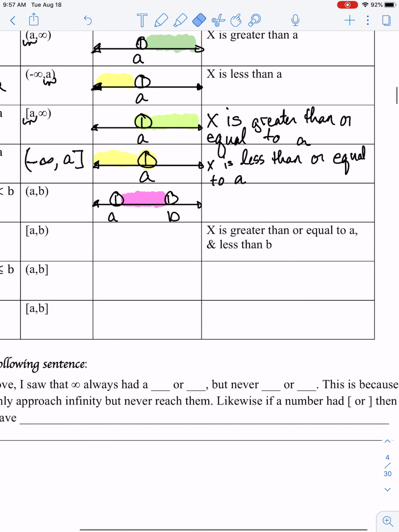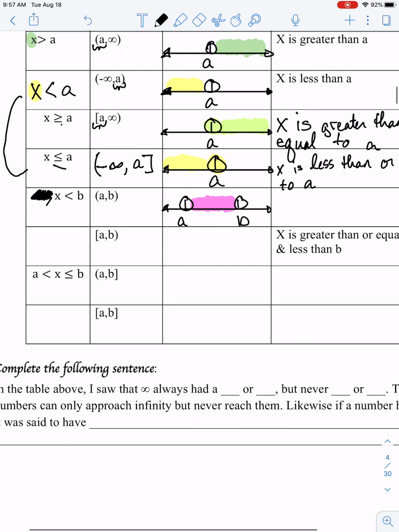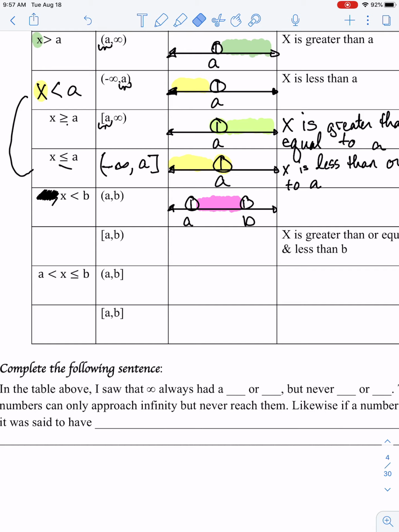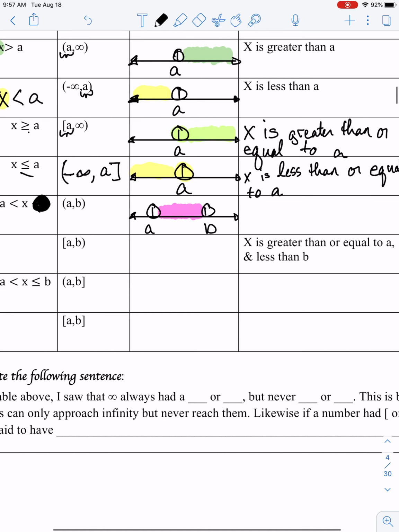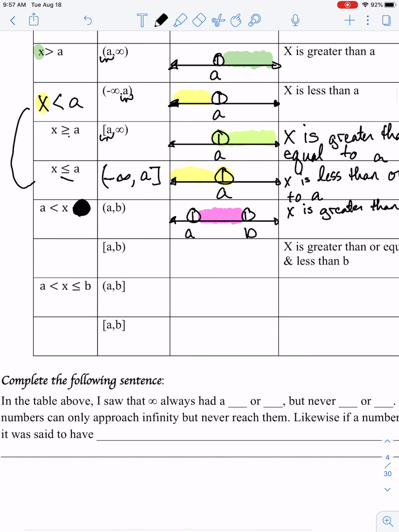Now, to describe this, again, focus and get back to the easier inequalities. Again, you read left to right, and we're talking about X and what it's being compared to. So X is greater than A. Okay, so we get this part.